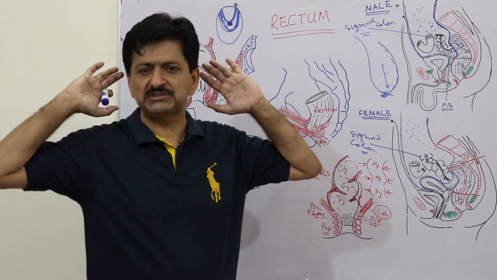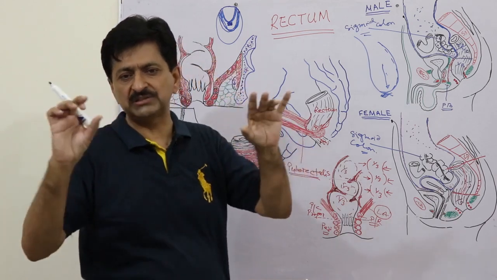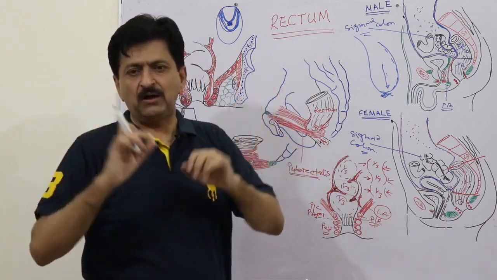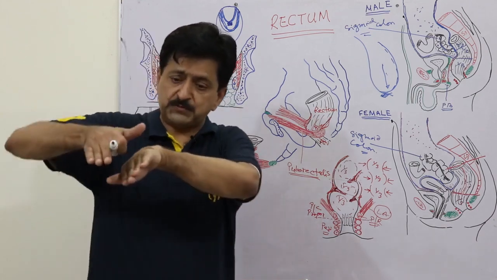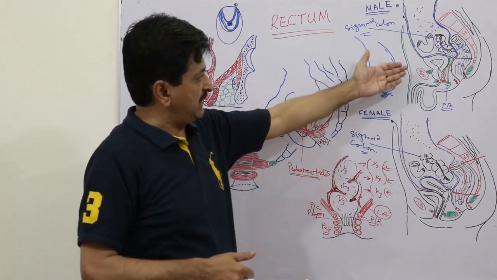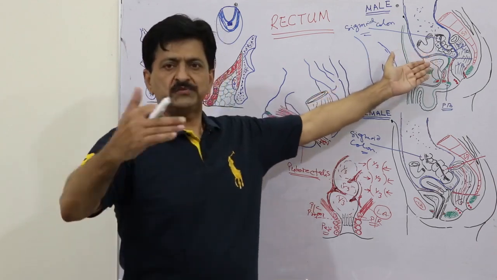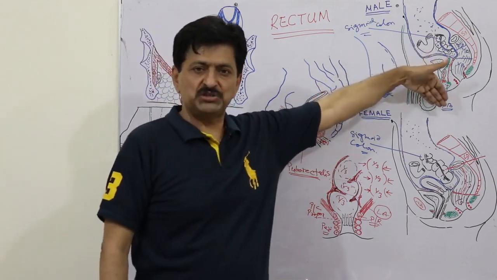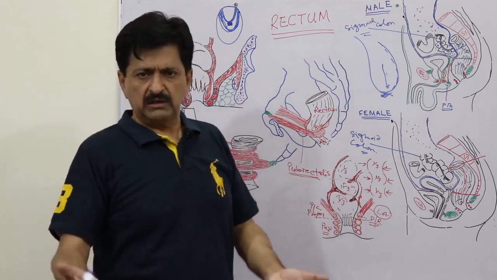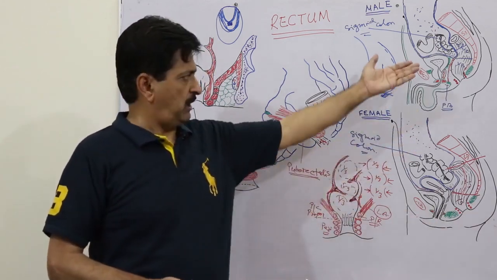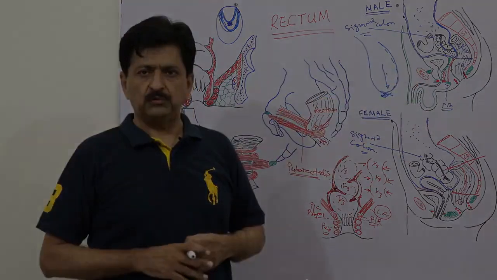On that posterior surface, not naked, lie the tops of the seminal vesicles, so their tops will be covered by the peritoneum, and then it goes onto the superior surface of the urinary bladder. Here again a pouch is created, but this time it is called the rectovesical pouch. Again the contents will be the same, like sigmoid colon and obviously the coils of ileum.